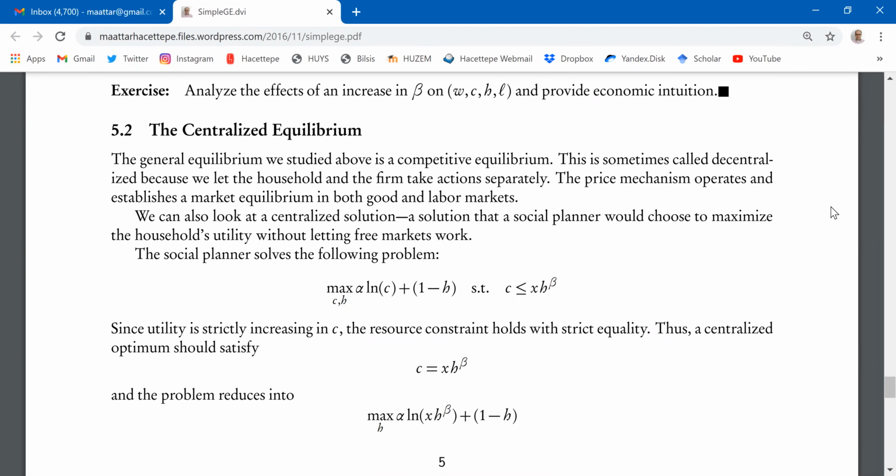Again, there will be 1 person, and the same endowments. Again, 1 unit of time, and the same preferences. So that person will still want to enjoy some consumption good and some free time. And the production technology is the same as well. If productivity is equal to X, and labor input is equal to H, the production is equal to X times H to the beta.